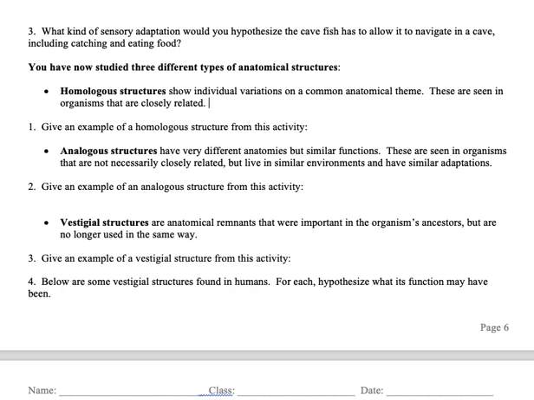So I'm going to go ahead and add that. They're similar in structure, and you should write this too, but different in function. Okay? And I'm going to show you some examples of homologous structures in just a moment.